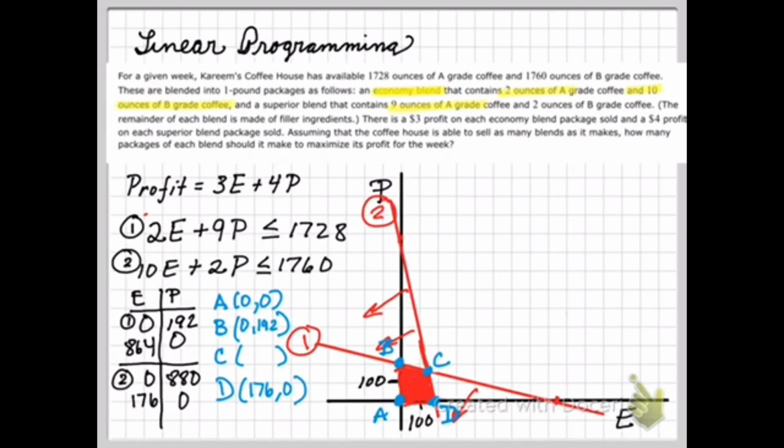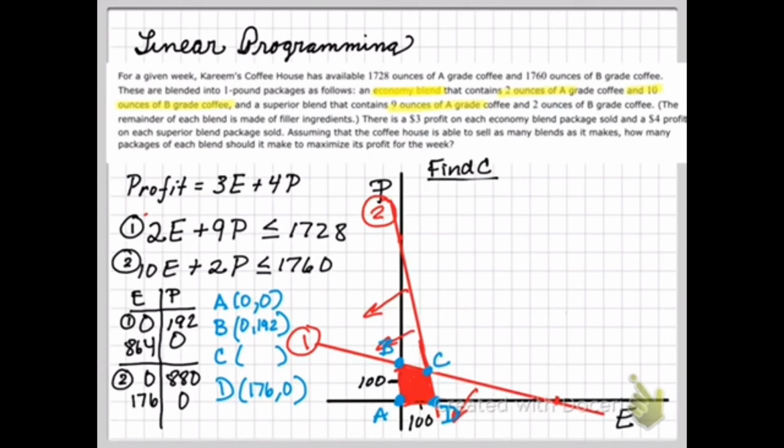So I'm going to go up here and find C. Now understand, I'm a little bit constrained here by the space on Doceri, so you wouldn't want to feel obligated to crush everything in here. But I think I can fit it fairly neatly, so I don't have to go to another page. So I'm going to find C, the intersection of 1 and 2. What am I going to do?